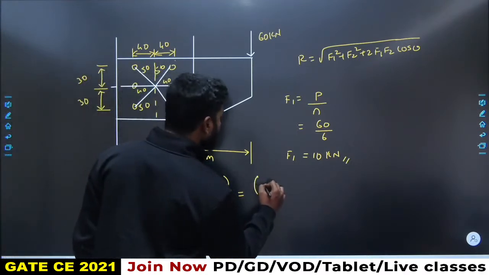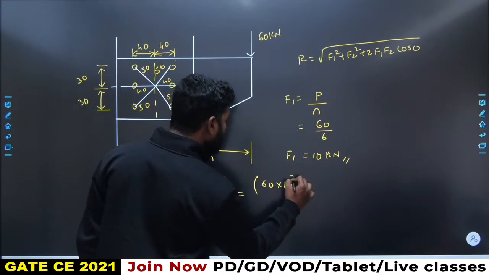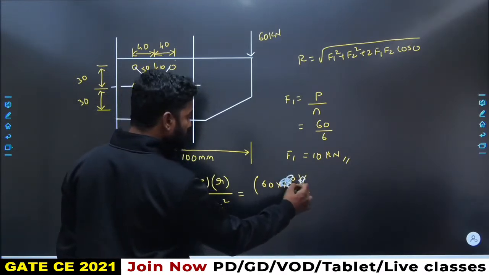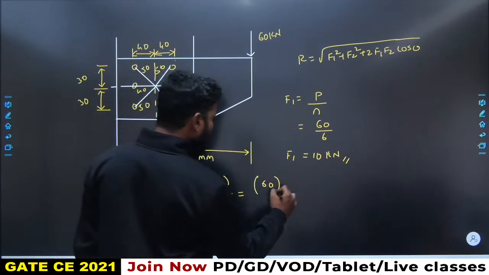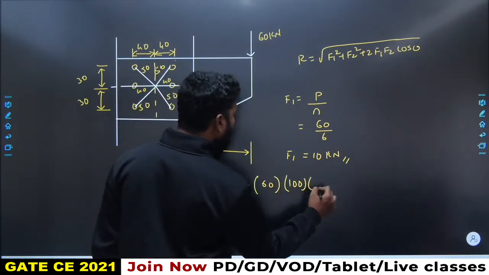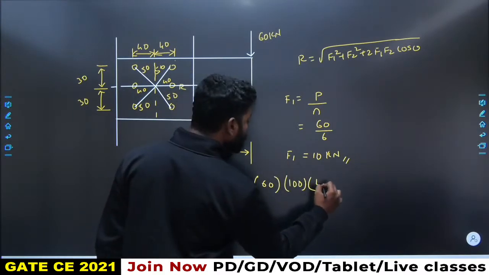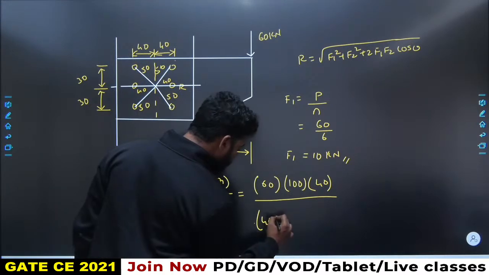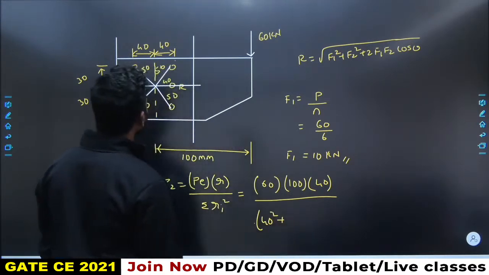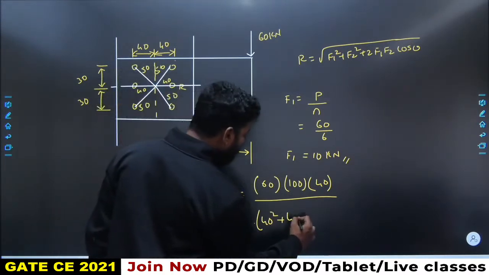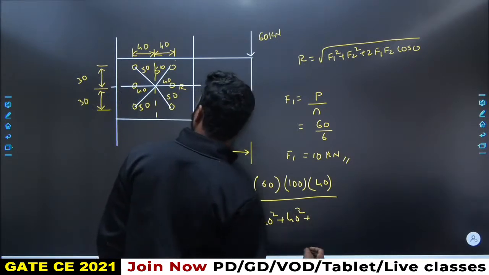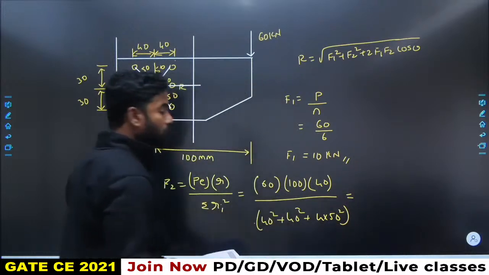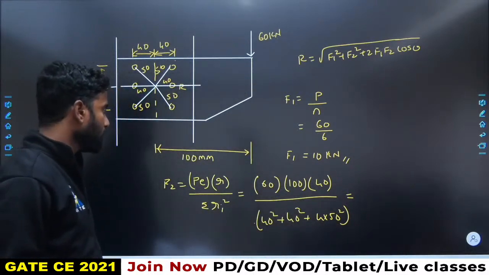P is 60 kilonewtons, and you can keep it in kilonewtons only, multiplied with E, which is 100 mm. R for the bolt is 40 mm, upon 2 times 40 square plus 4 times 50 square.